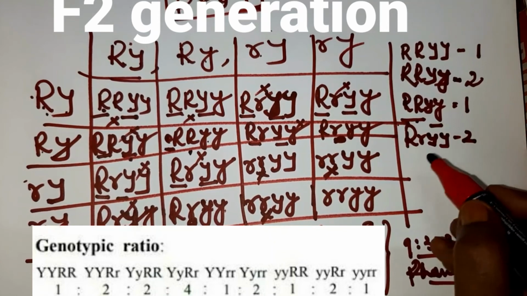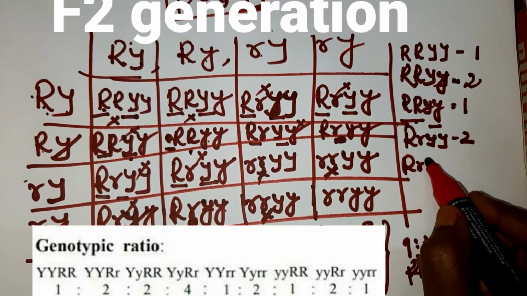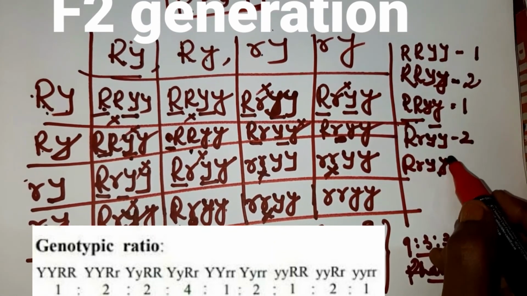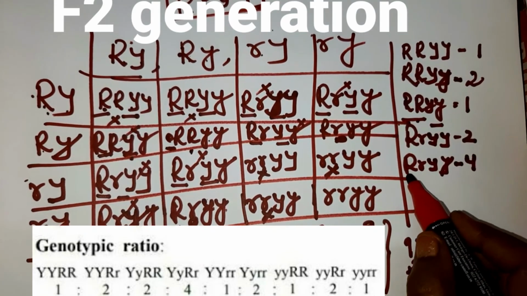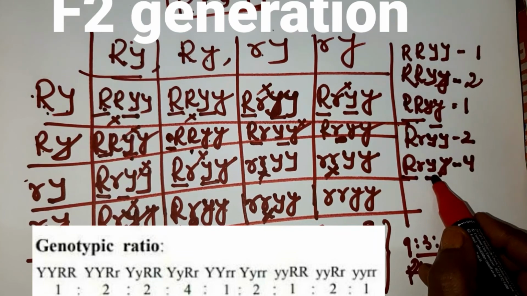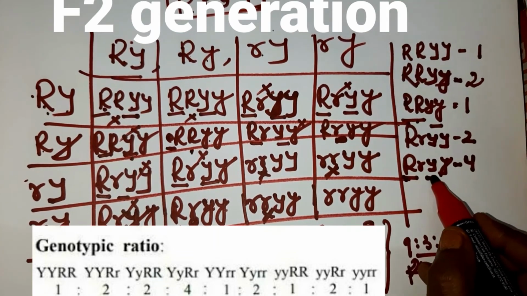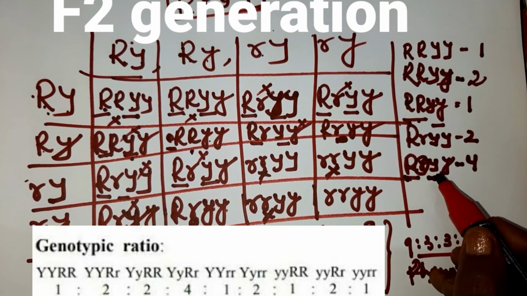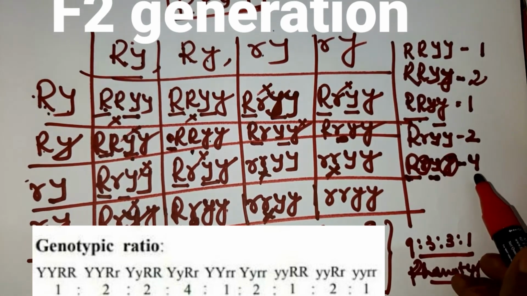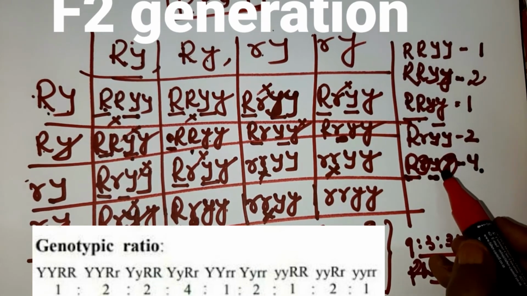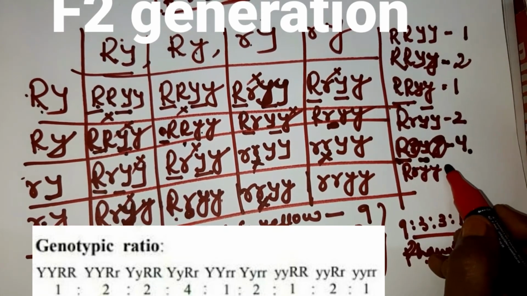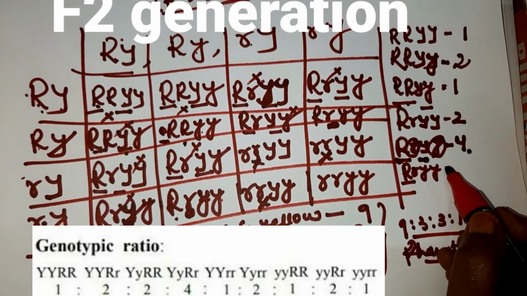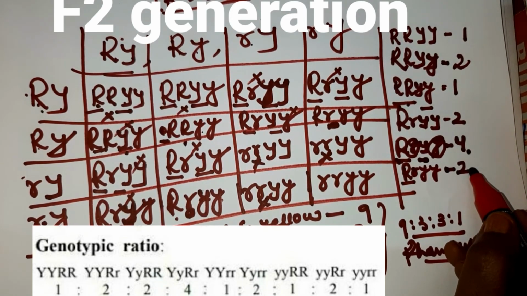This you find 2, and then capital R, small r, capital Y, small y, you find 4, children. That is round and yellow, but the recessive character is wrinkled and the recessive character is green. So 4. And then you have capital R, capital R, small y, small y. That is dominant round. Okay, children. So you have this characteristic as 2.